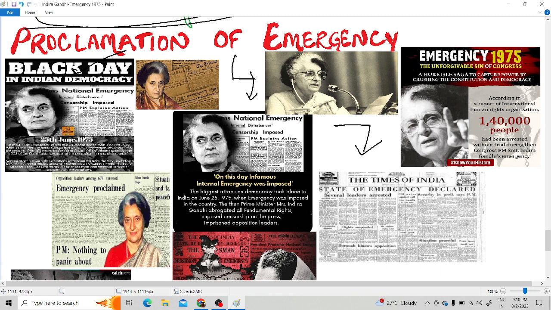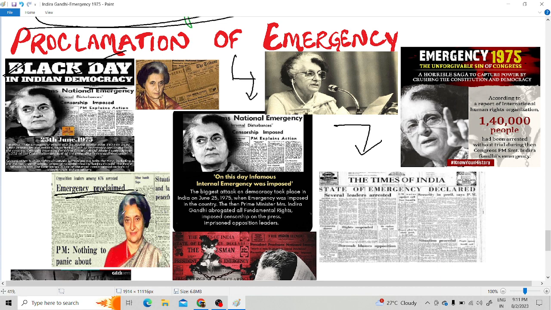The biggest attack on democracy took place in India on June 25, 1975, where emergency was imposed in the country. The then Prime Minister, Mrs. Indira Gandhi, abrogated all fundamental rights, imposed censorship on the press, imprisoned opposition leaders. This day was considered as a black day in Indian democracy.